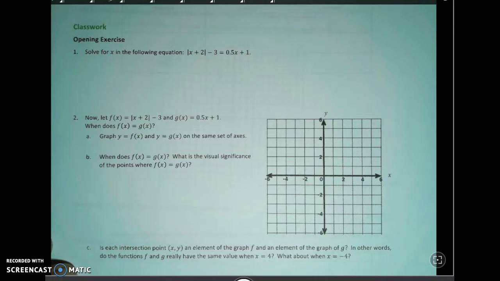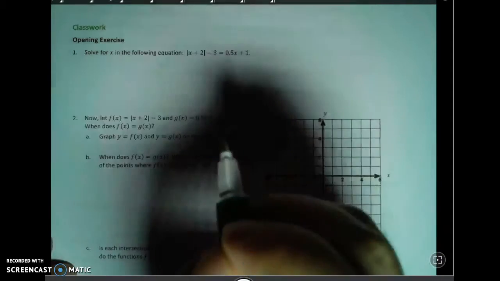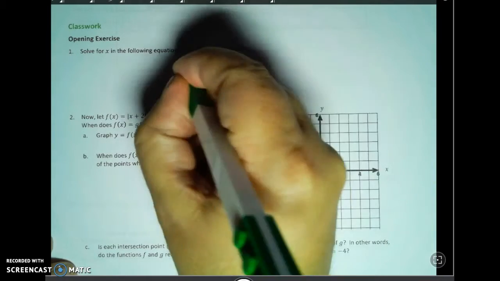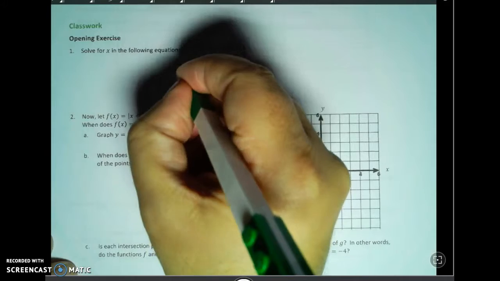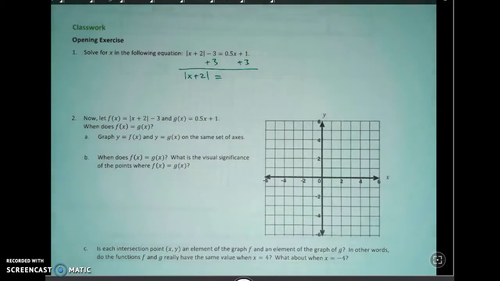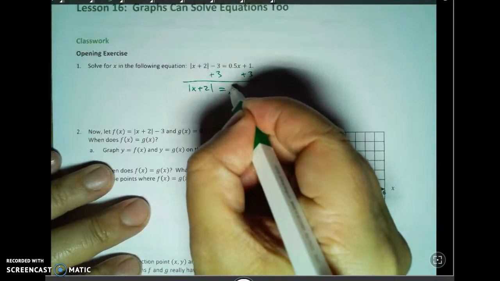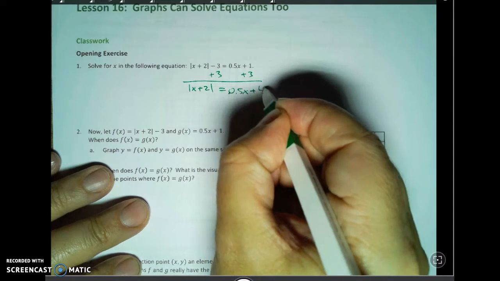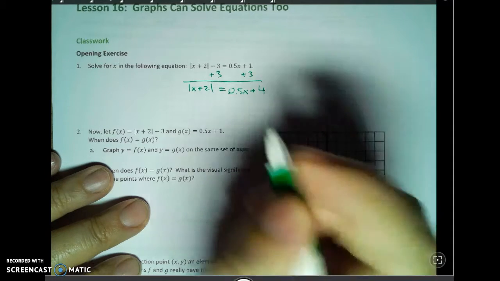First I isolate the absolute value, so I add 3 on both sides. So I have the absolute value of x plus 2 equal to 0.5x plus 4, okay, 1 plus 3.